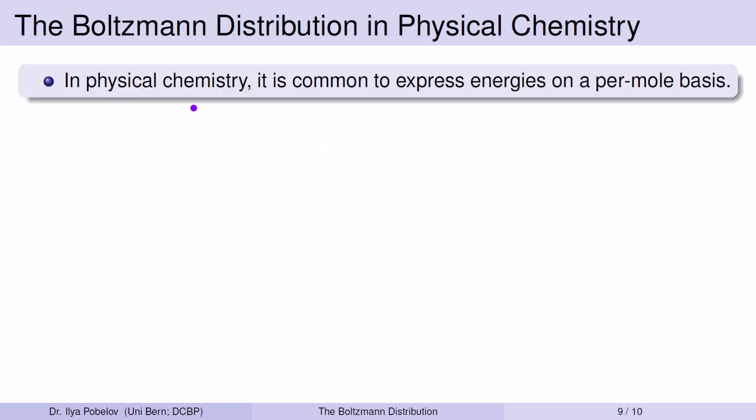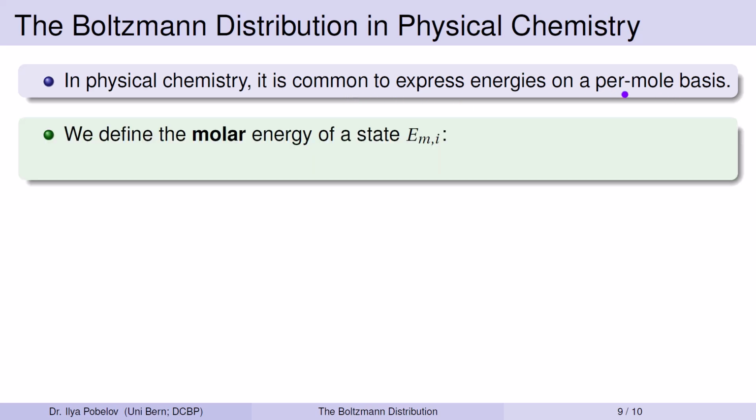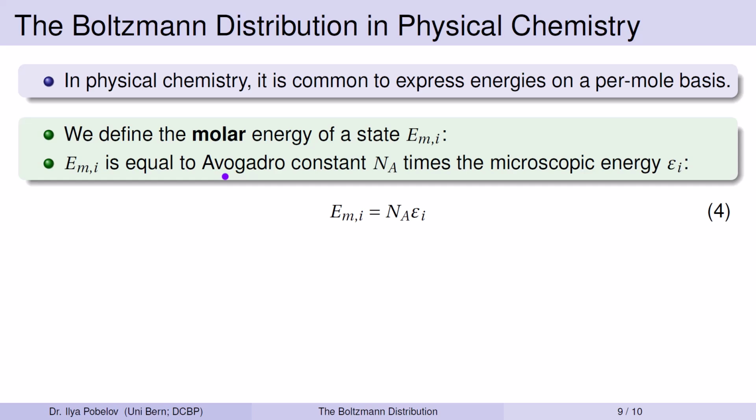In physical chemistry, it is common to express energies on a per mole basis. To do this, we define the molar energy of a state, which we write as capital E_m,i. It is equal to the Avogadro constant times the microscopic energy epsilon_i.